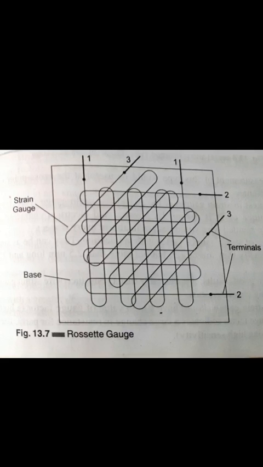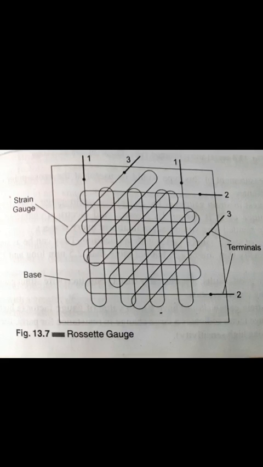The second type is the rosette type. If the axis of the strain component is unknown, the strain gauge may be used to determine the exact direction. The standard procedure is to place several gauges at a point on the member surface with known angles between them.